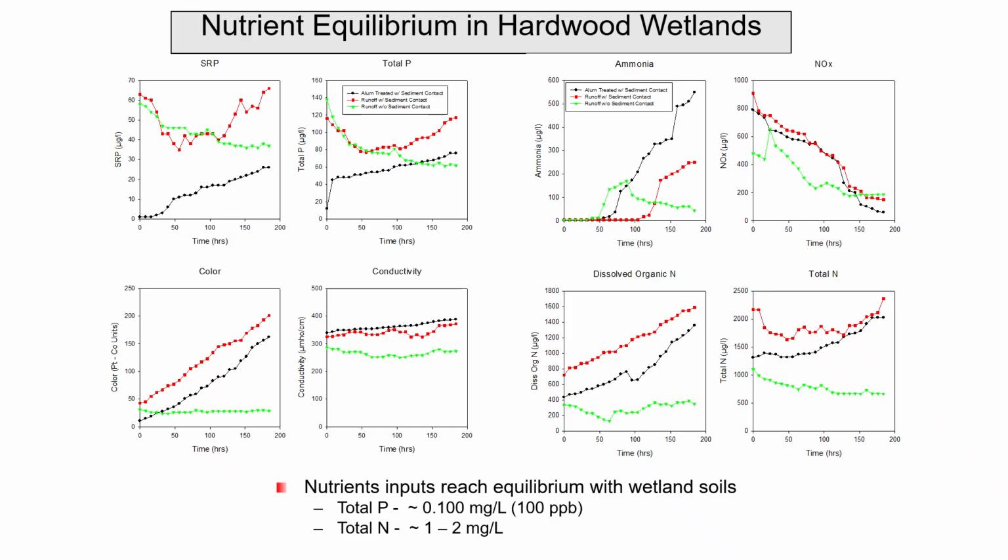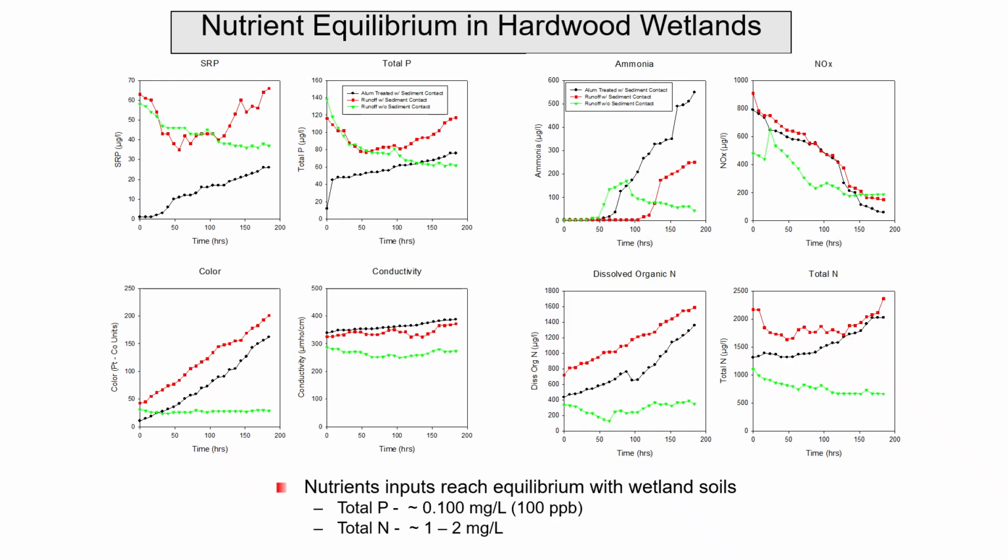In hardwood wetlands, we often observe a state of nutrient equilibrium, where the incoming nutrient inputs balance out with the amounts absorbed or processed by the wetland soils. This balance is crucial for the overall health and function of these ecosystems.